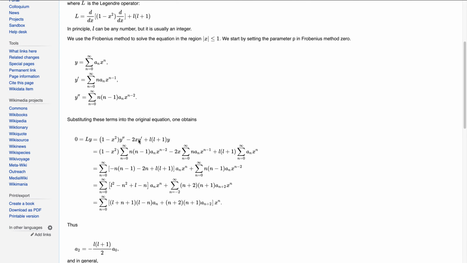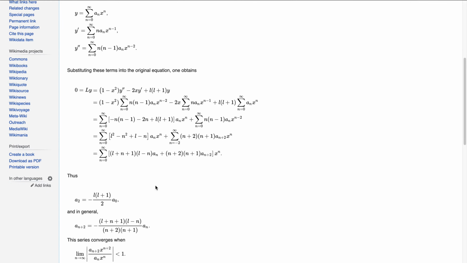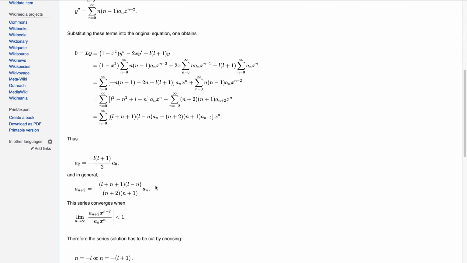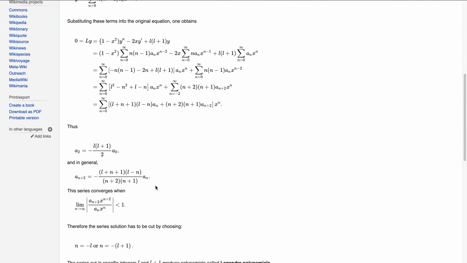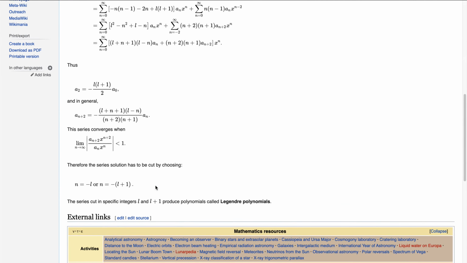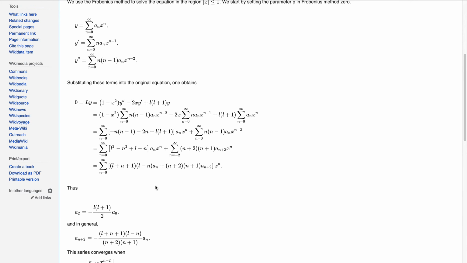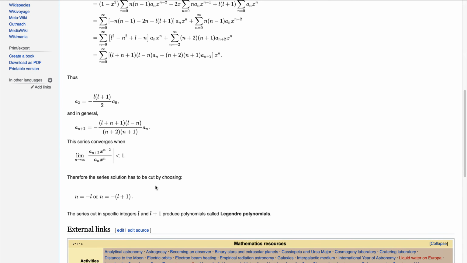So they do a series solution, and you can see we end up with L and N in there. That's actually what we're using as L or J and M. And they ended by saying the series has to be cut there, at the end here.